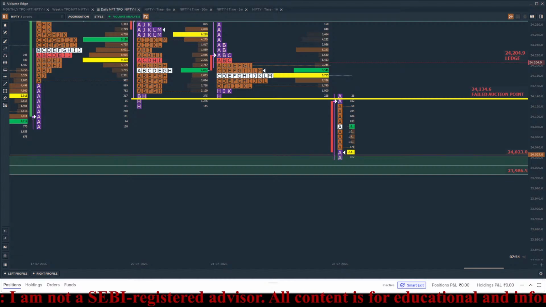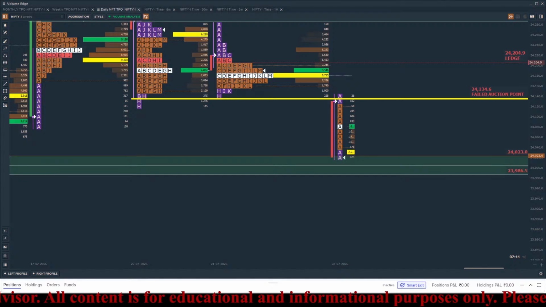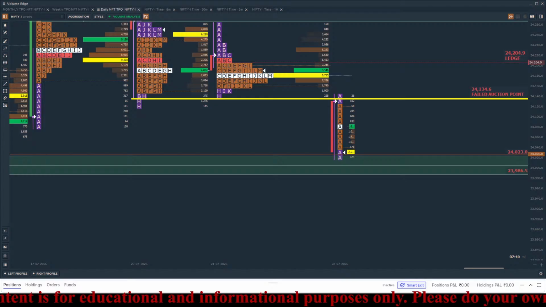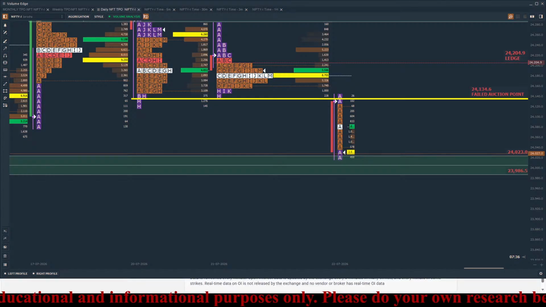If it breaks down these levels, then we can see the market in the 23,800, 850 range. But this 24,000, many people don't want it to break. So that is what the market is now. It's thinking of it, either should break or not.